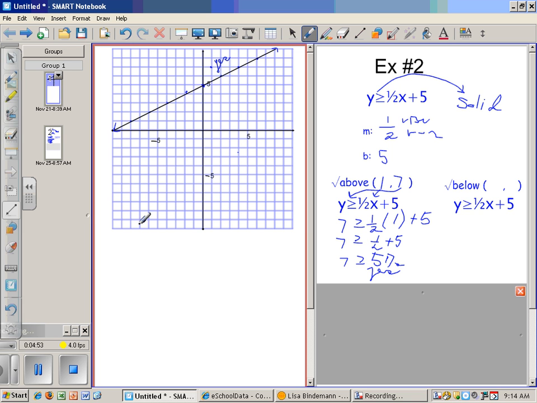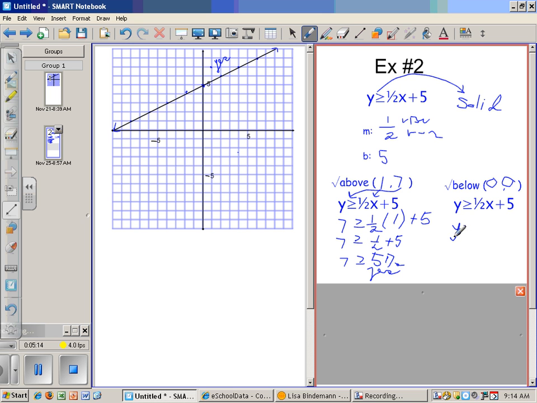So any point that I can pick below, any point down here on my graph, I'm going to pick (0, 0). I choose (0, 0) whenever I can because it makes the math that much easier.